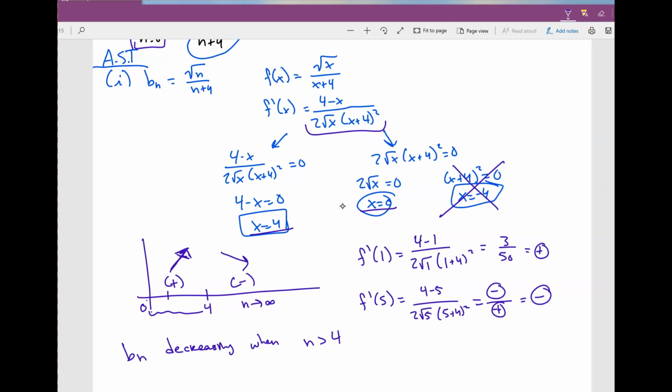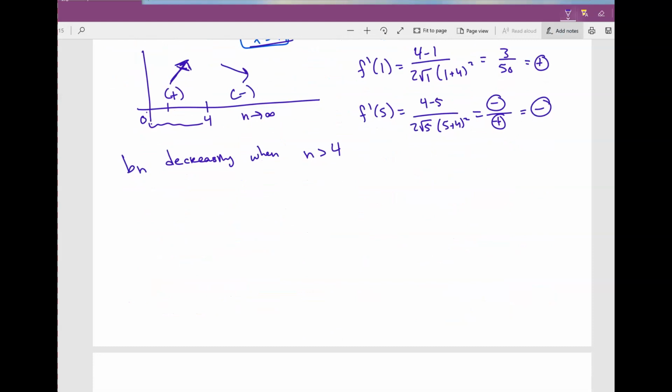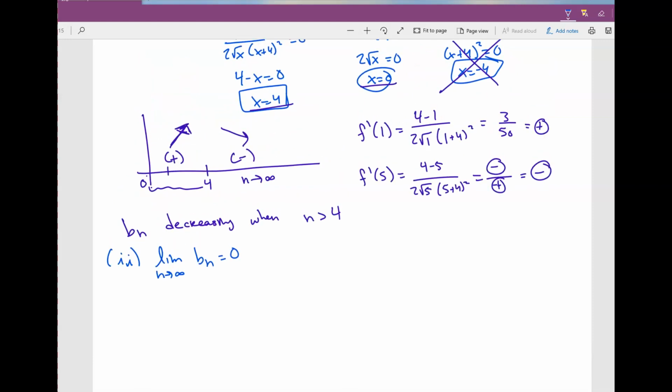Now what are we going to do? What we need to show is number 2. We need to show that the limit as n goes to infinity of b sub n is equal to 0. Our b sub n in this case is equal to square root of n over n plus 4.